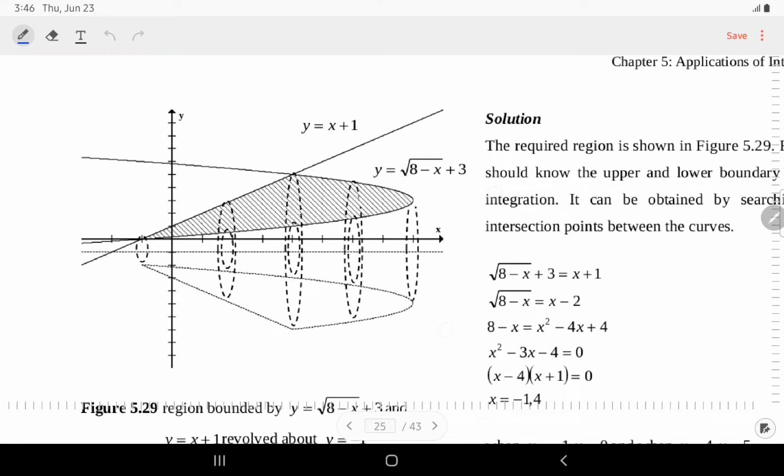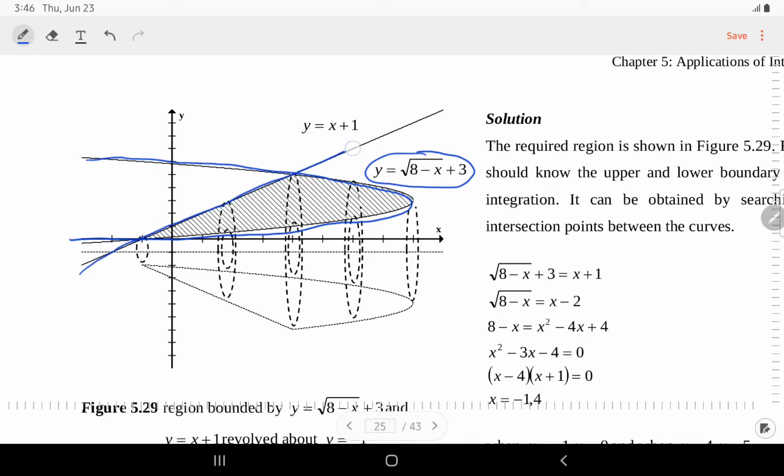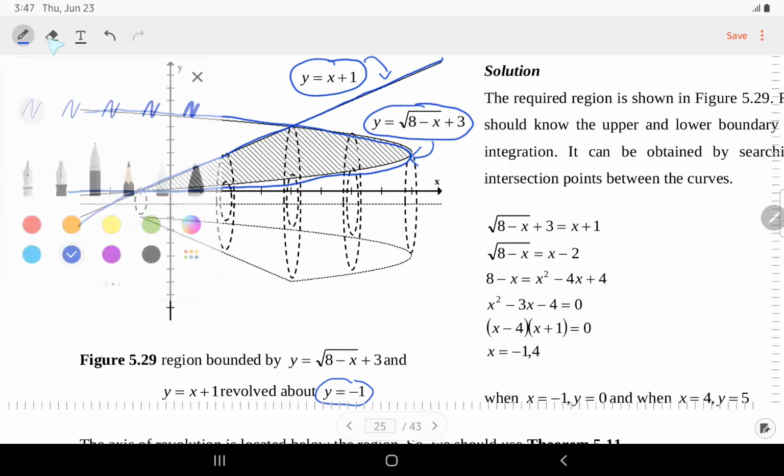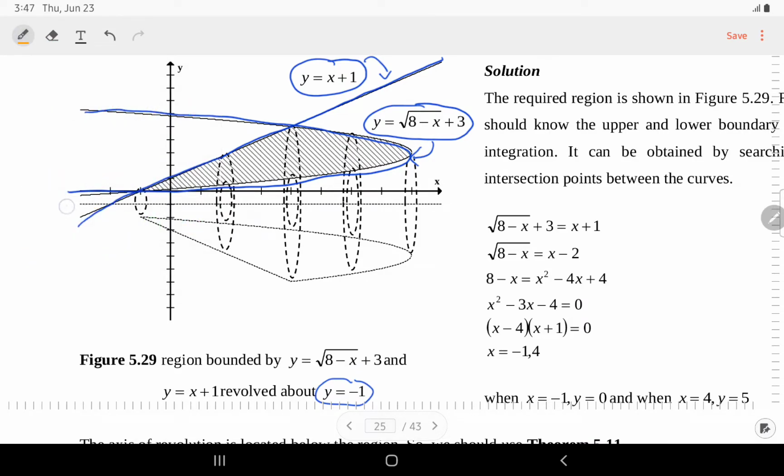This is the graph of y equals square root of x minus 8 minus x plus 3, and this straight line is the graph of the function y equals x plus 1. So where is the axis of revolution? The axis of revolution is y equals -1, here.